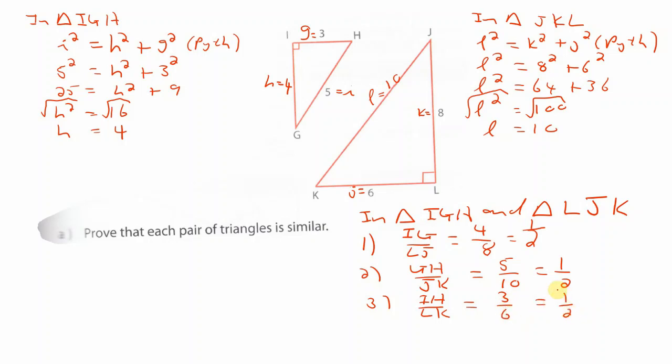So since all 3 ratios are a half, we can therefore as a conclusion say, therefore triangle IGH is similar to triangle LJK, sides proportional is our reason.